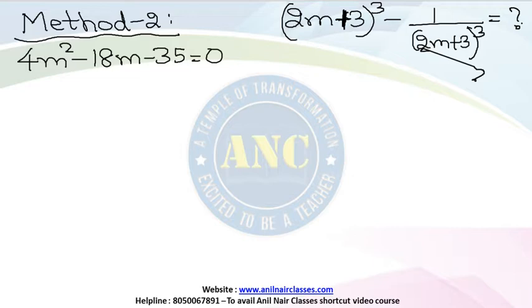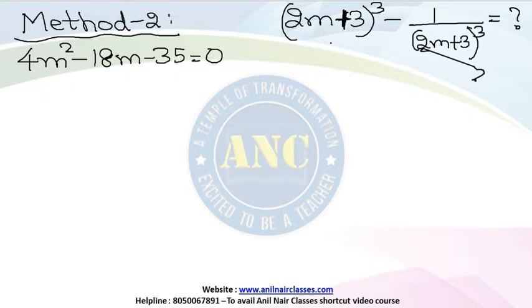So 2m will be x minus 3, and m will be x minus 3 by 2, something like that. Substituting here and multiplying with bigger values like 18, all those things will be a time consuming process. So that was method 1 of my previous question, which I will not be implementing once again.